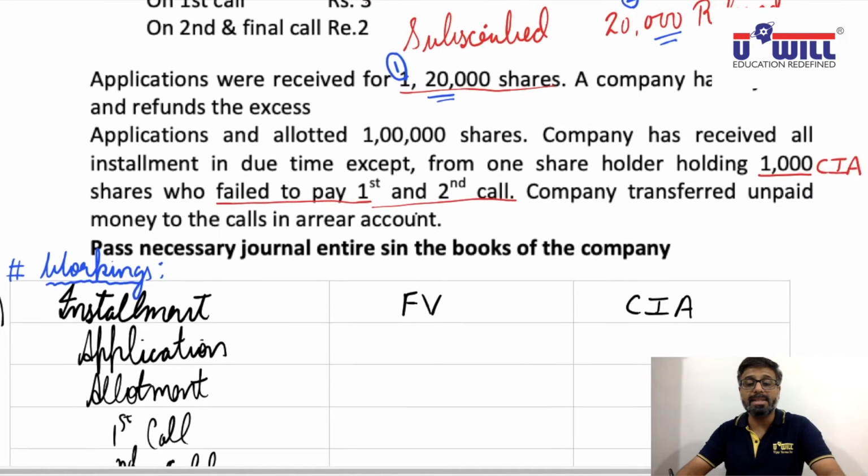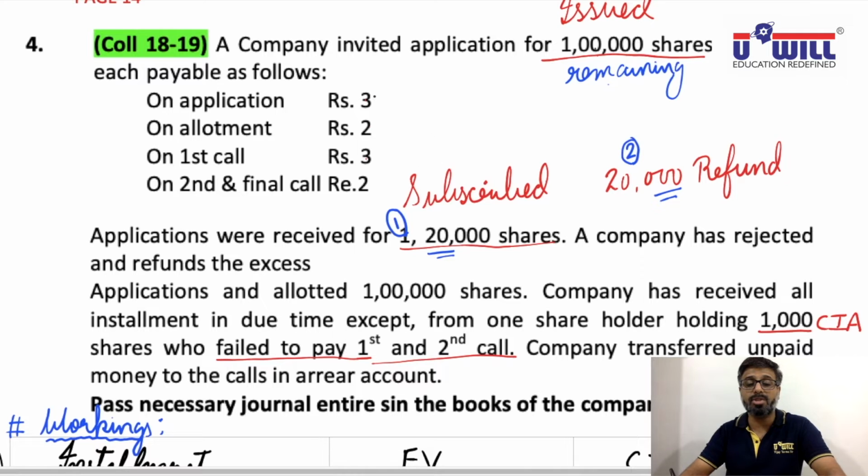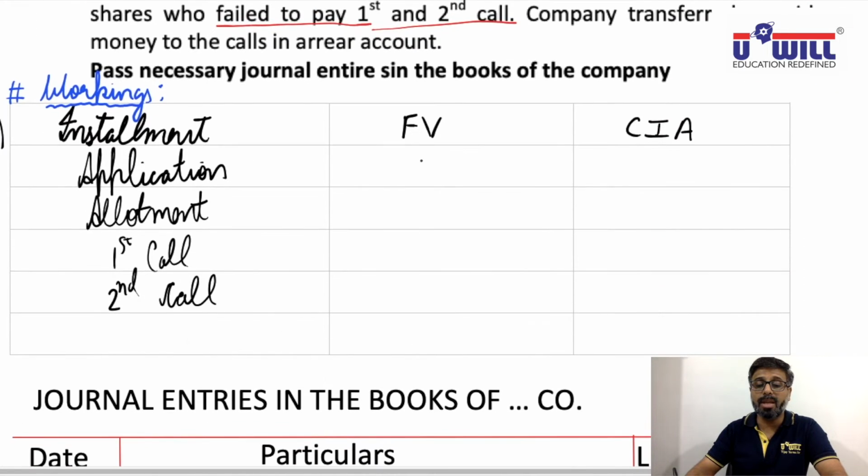Now here you all can see application is 3 rupees, allotment is 2 rupees, first call is 3 rupees and second call is again 2 rupees. So 3, 2, 3, 2, total is 10.